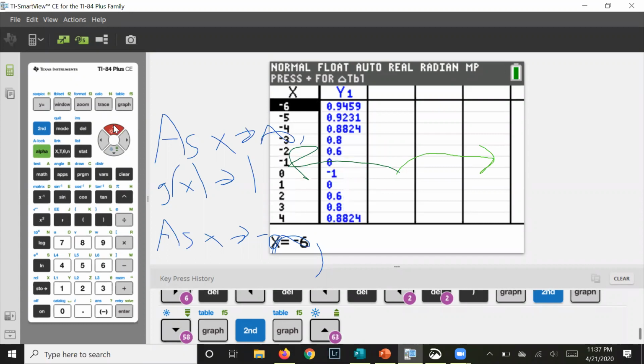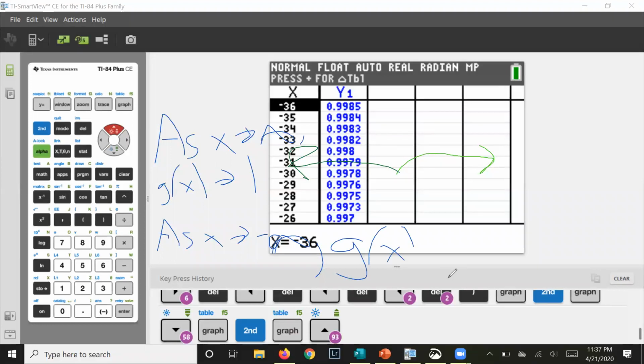And then as we go in the other direction, towards negative infinity, looks like we see something similar to what was happening before, right? So it looks like our output values, our g of x values here, are getting closer and closer to 1 as well.